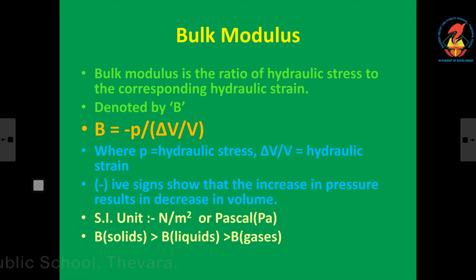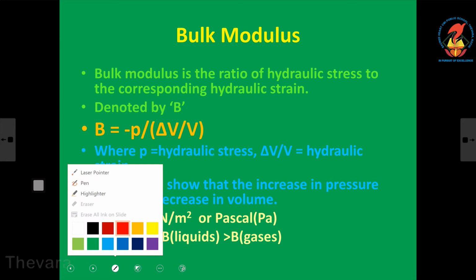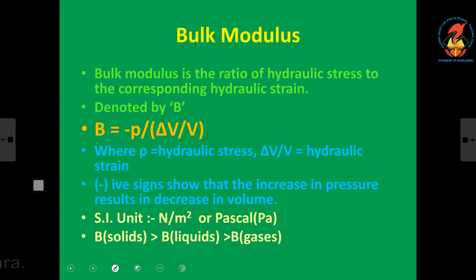So I can write like this: bulk modulus is equal to minus P divided by delta V by V, that V will go to the top.